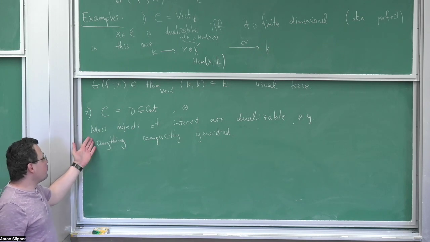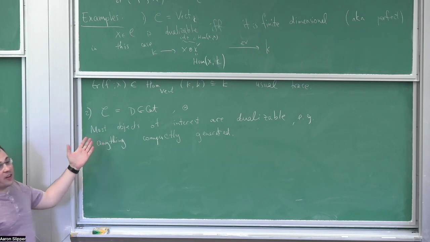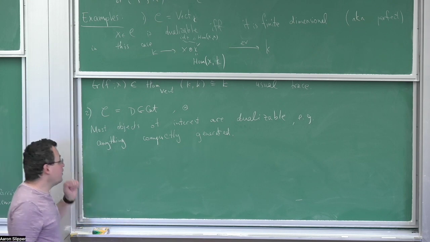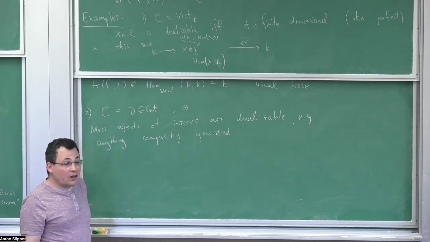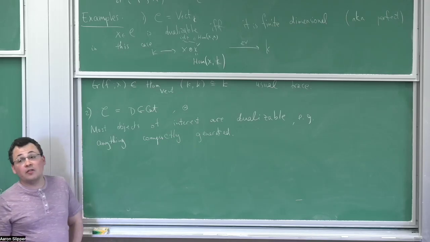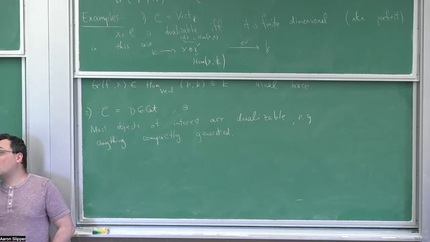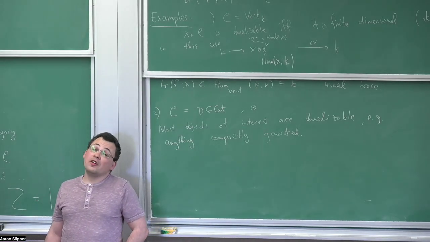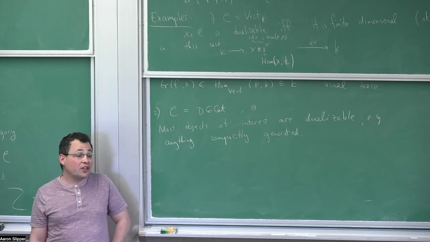If you want an example of something that's dualizable but not compactly generated, take your favorite manifold and look at all sheaves in the analytic topology. Is there anything in derived geometry? First of all, for Artin stacks, I know that even in characteristic 0, quasi-coherent sheaves is dualizable.